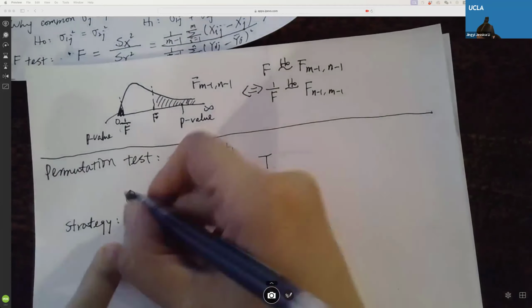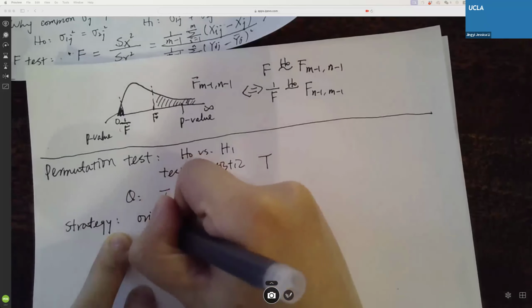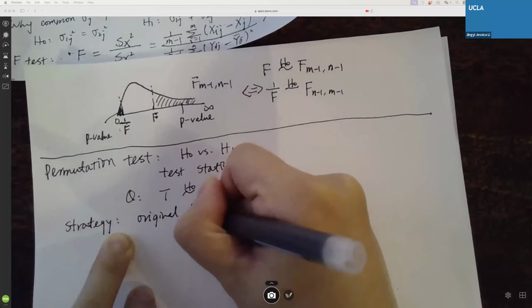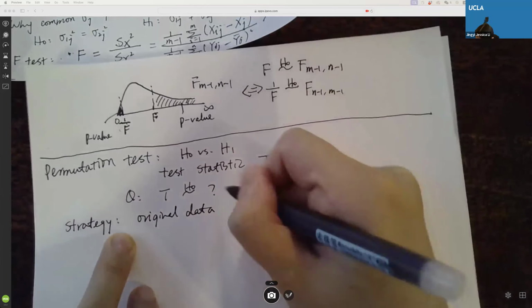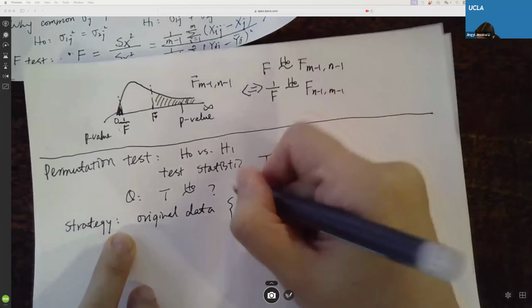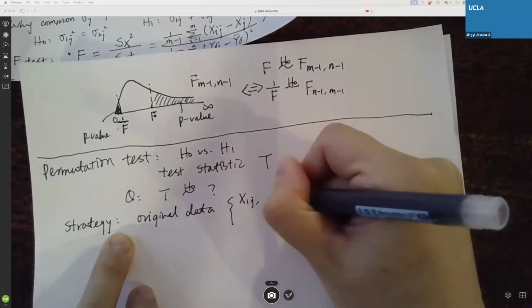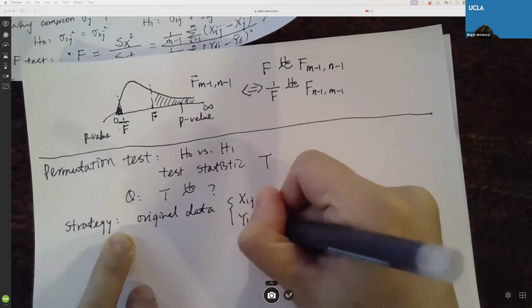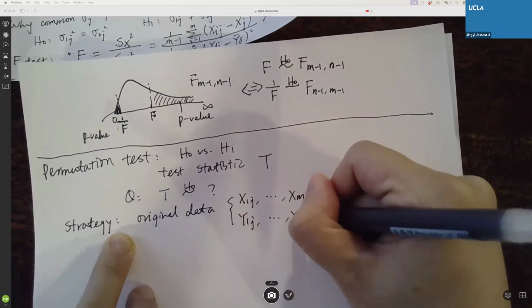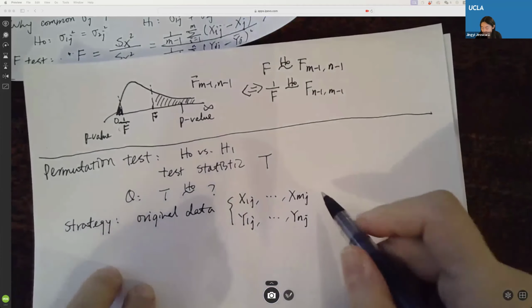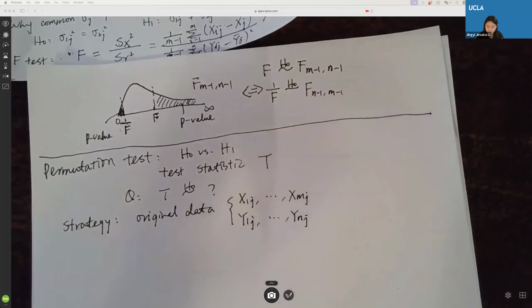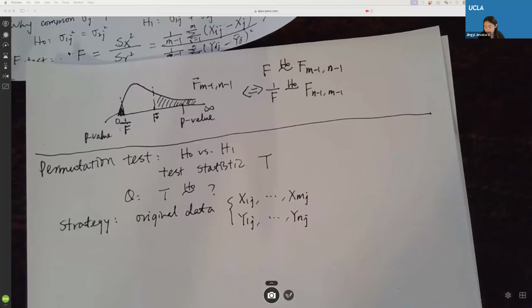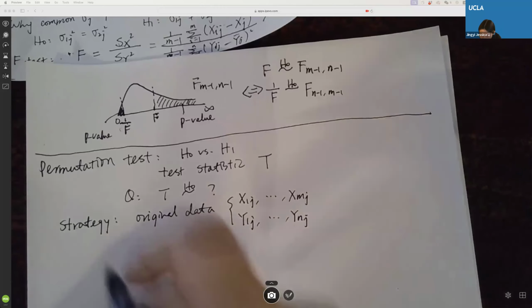That is, from the original data, let me put it as two samples, right? X1j to XMj, Y1j to YNj. So N values here, N values here. So what permutation does is I shuffle my values, but I still keep the sizes as N and N.